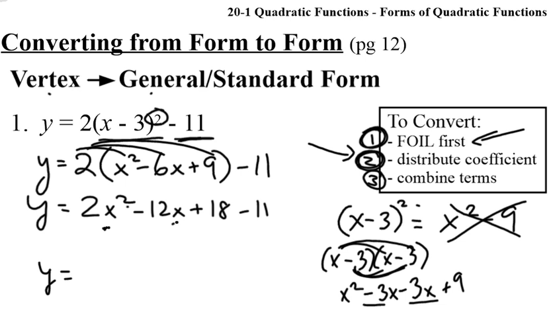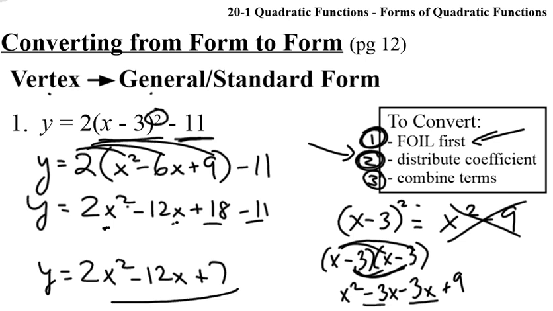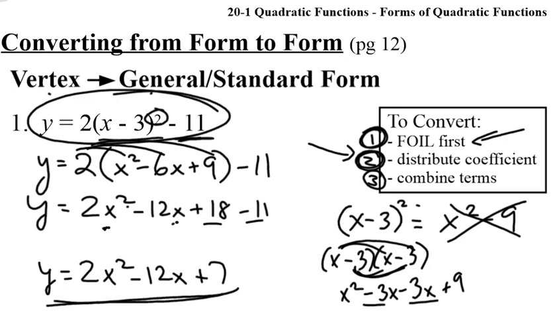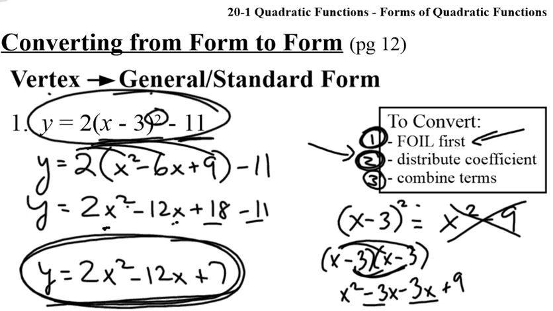This is just an x term. There's my like terms. 2x squared minus 12x plus 7. There's another form. Vertex form we started with can be simplified. Same information, just looks different.